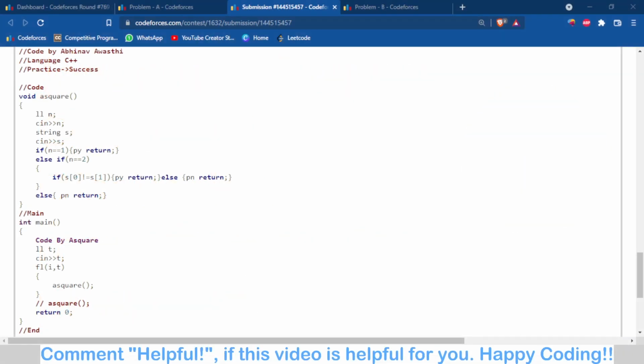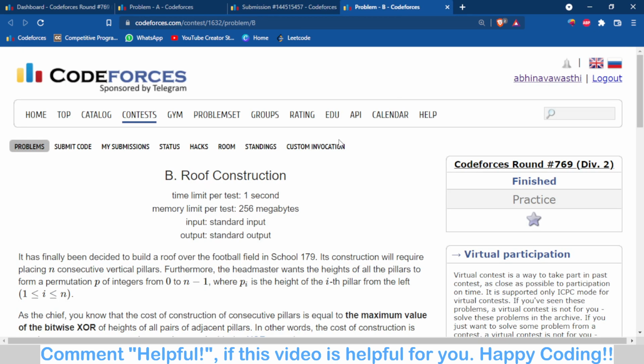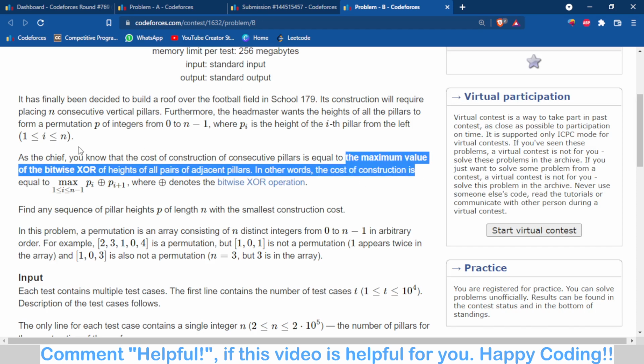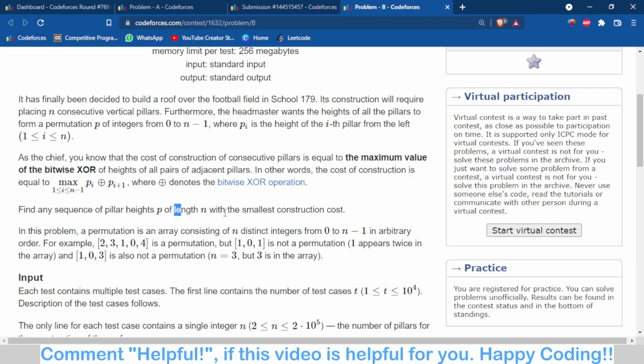Okay. So now let's move towards problem B of this contest, which is Roof Construction. Okay, so this is problem B. In this problem, it is asking that we have to arrange a permutation of the numbers 0 to n minus 1 in such an order that the maximum value of the bitwise XOR of two adjacent numbers should be the smallest possible, the minimum possible.